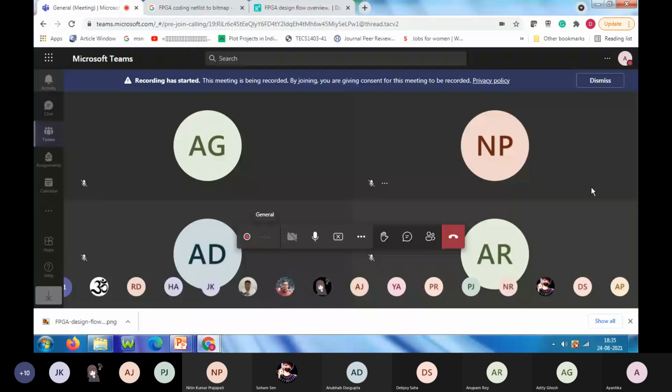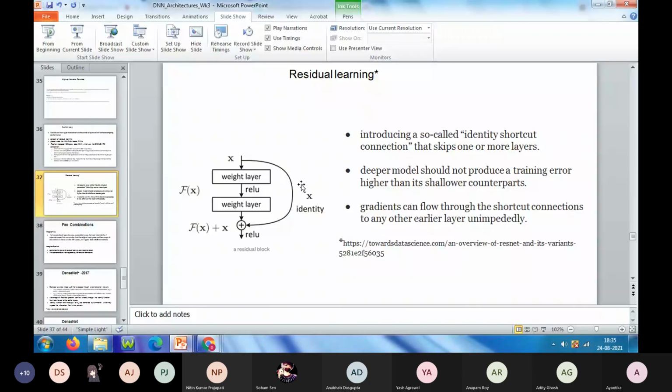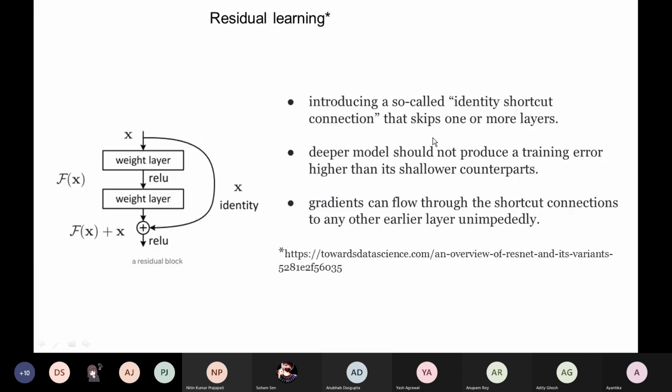Ma'am, is this connection same as a skip connection? Okay, there are two things. When you are talking about skip connection, you observe here, you are doing this. You are not skipping anything. You are adding this identity shortcut with your existing value.